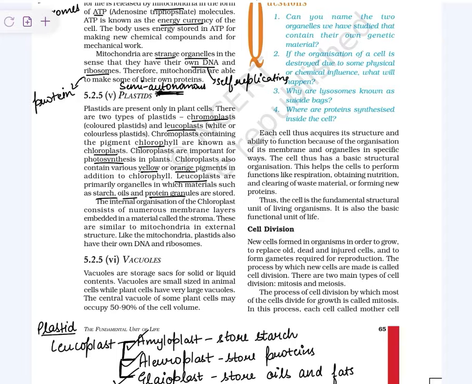The internal organization of the chloroplast consists of numerous membrane layers embedded in a material called the stroma. These are similar to mitochondria in external structure, and like the mitochondria, plastids also have their own DNA and ribosomes.